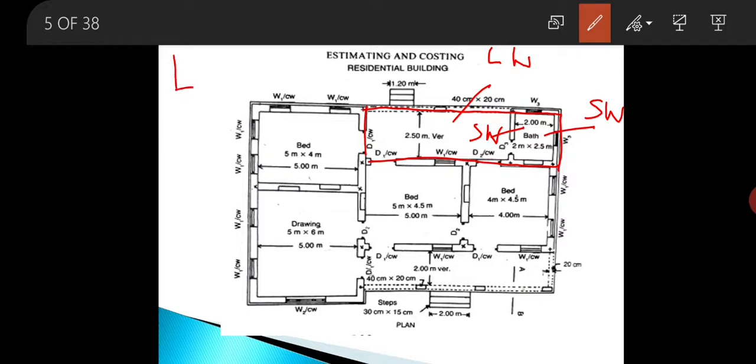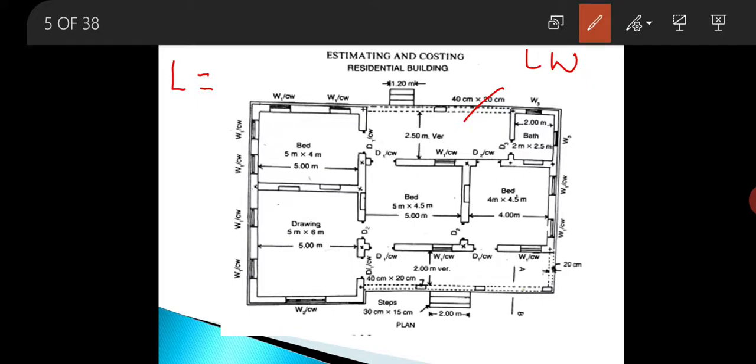Now we will move to the length. First we will go for the calculation of long wall. So for long wall, see here, what will be the length? This one is the long wall.